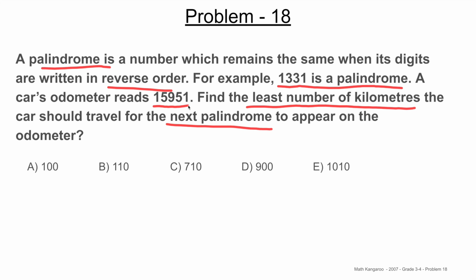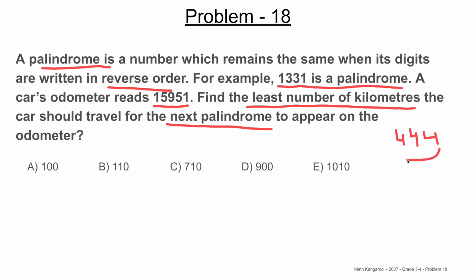But first, what is a palindrome? A palindrome is a number that looks the same forward and backward. Like 1331. When we read it in reverse, we read 1331. This is a palindrome number. 444.